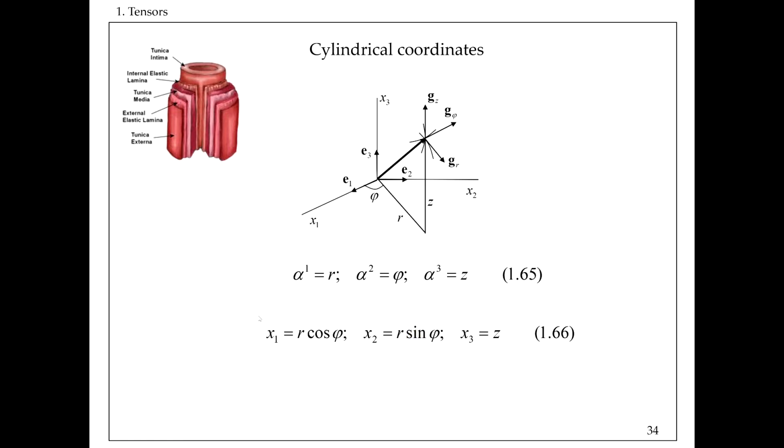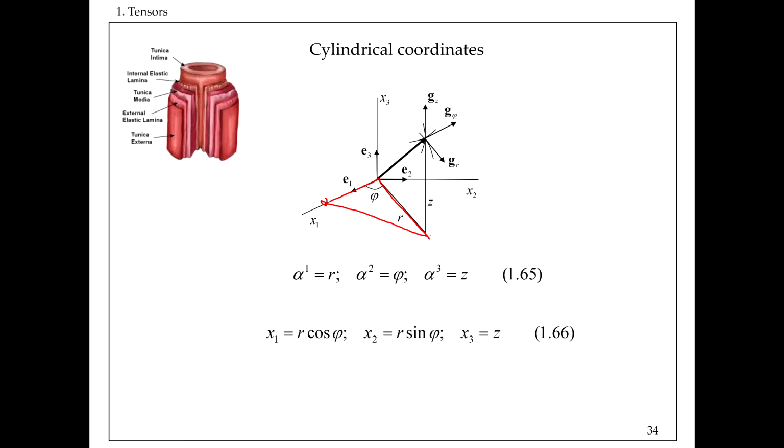Now we can write these coordinates. We can connect them to the original coordinates in a pretty straightforward manner. For example, x1 can be expressed as follows. If we consider this triangle here, then the coordinate x1 will be nothing but r multiplied by cosine phi.